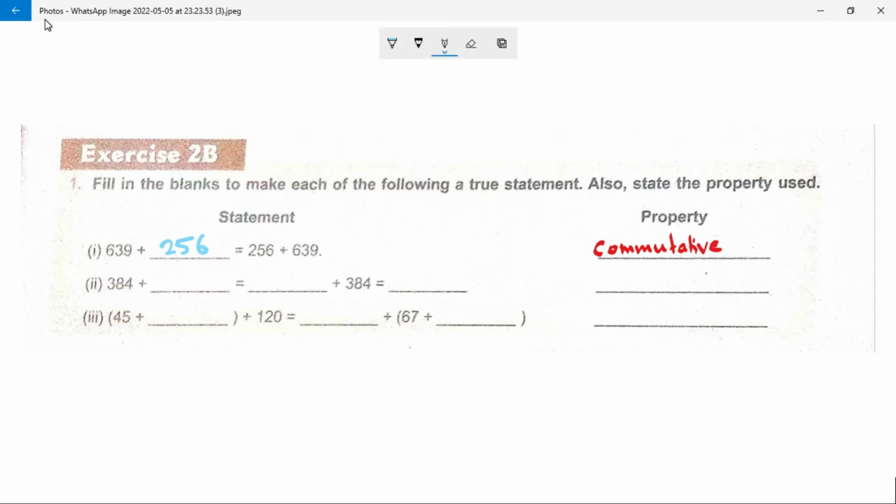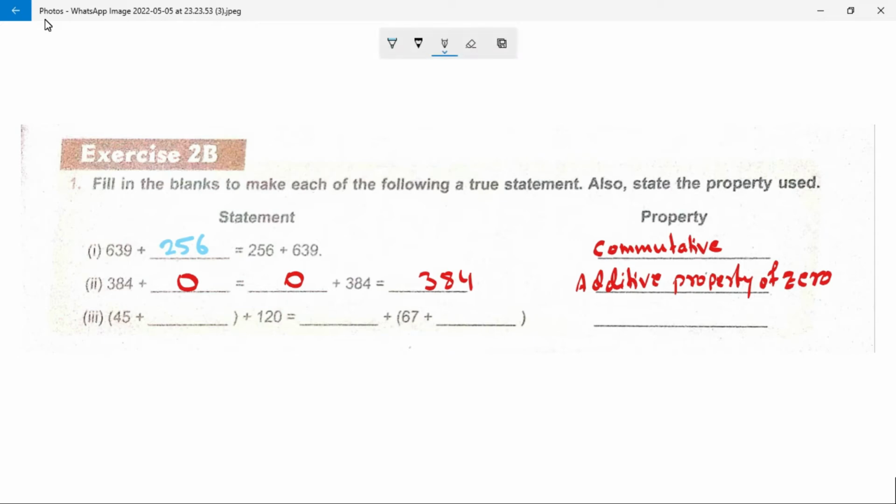In question number 2, here you can write any number, or you will write 0 plus 0 will be 384. Now which property is it? It is the additive property of 0.